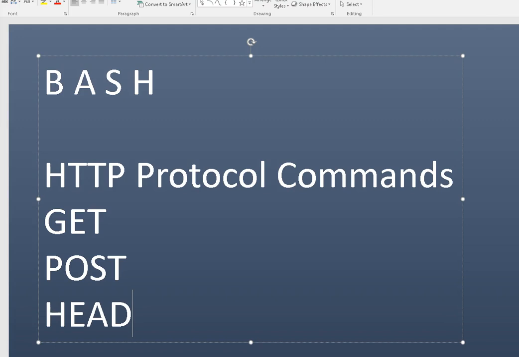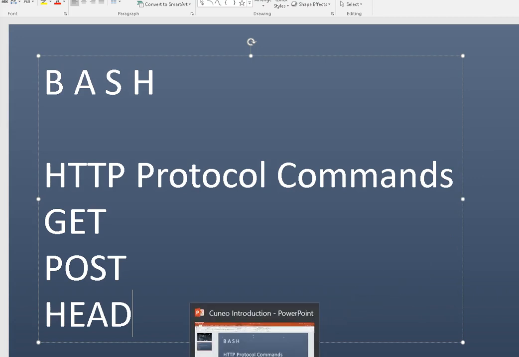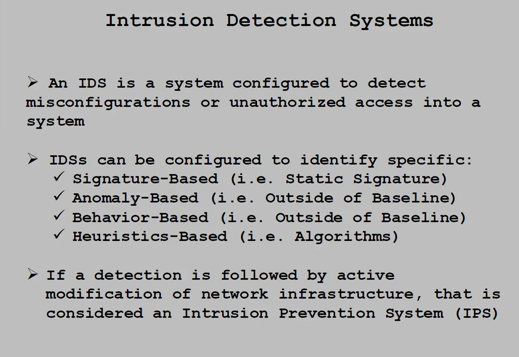They're sending something through port 80 that is outside of what the protocol should be. So as a result, that's where the anomaly-based detection comes in. Okay, so that's outside of the protocol baseline. Okay, next is signature-based, which we've already talked about.